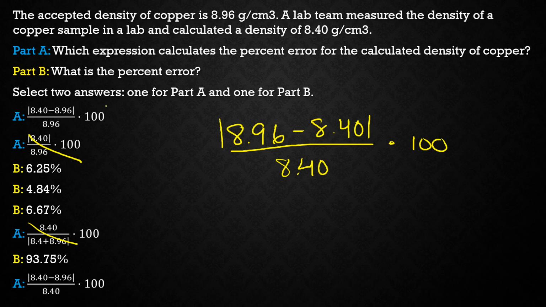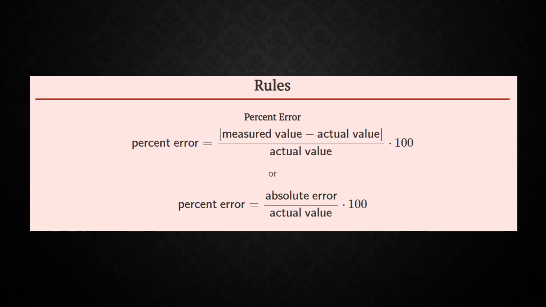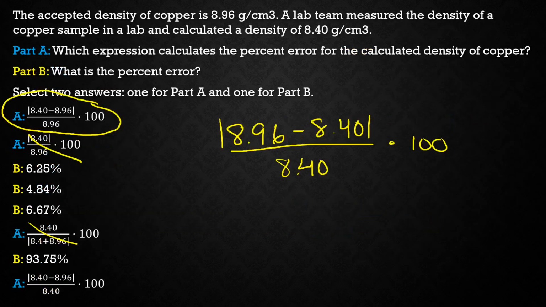So if I look, it should be this one up here, simply because those two numbers are the same and these two are not. But I set up mine differently. A team measured the density. Maybe that was my mistake, because it's the measured value. So since this team measured the density at 8.4, that is why I accidentally swapped these two numbers around.